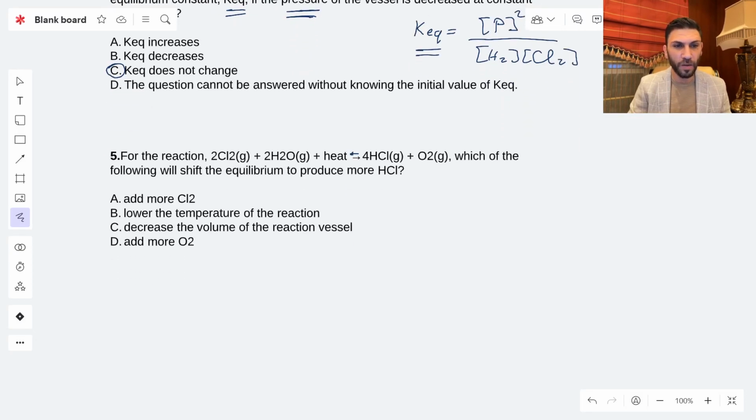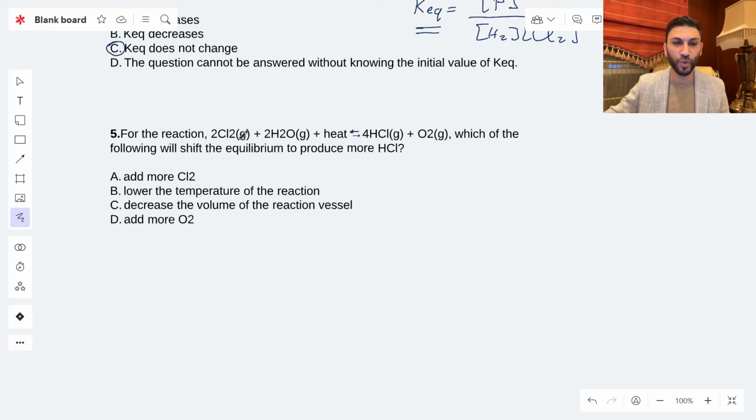Number 5, for the reaction 2Cl2 plus 2H2O plus heat, and this is plus heat, that means it's an endothermic reaction, yields to reversible reaction 4HCl plus O2. All of them are gases. Which of the following will shift the equilibrium to produce more HCl? That means we are asking about shifting the equilibrium to give more products.